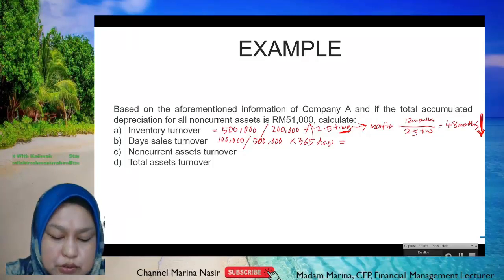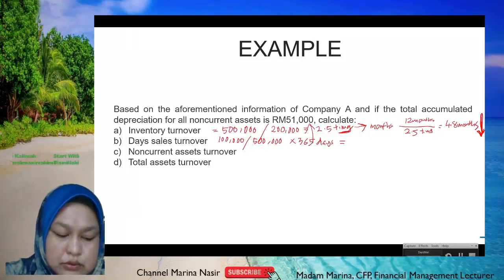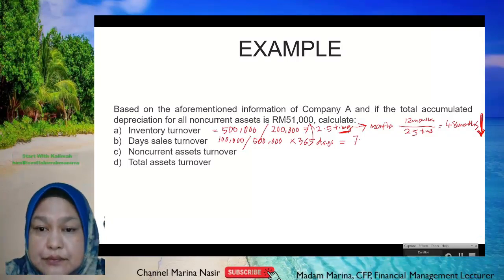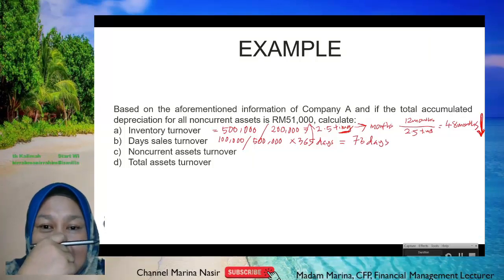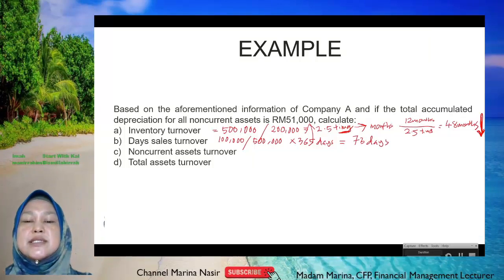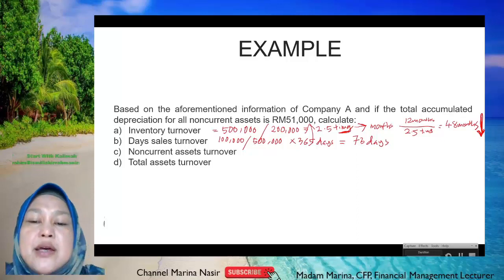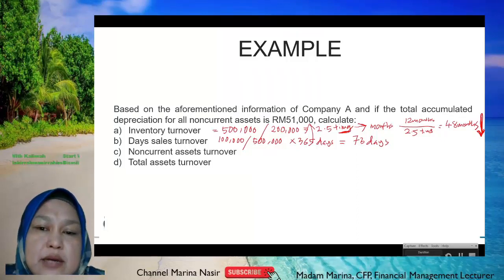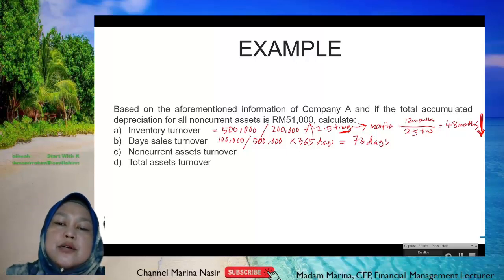So equal to 73 days. It means that company A account receivable takes 73 days to pay their debt. Dia ambil masa 73 hari untuk bayar dia punya hutang-hutang.